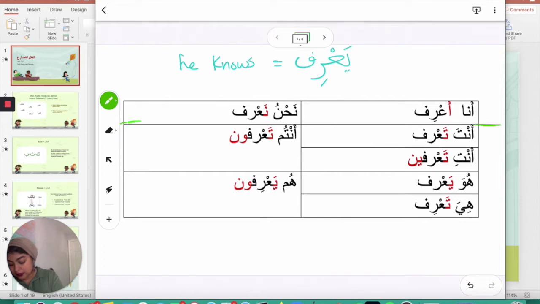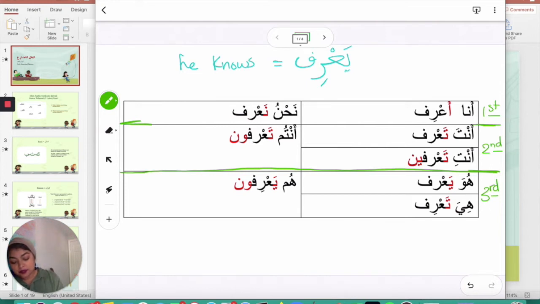We have the first row, which we call al-mutakallim. This is first person, when you are speaking or we are speaking. Then the second row is what we call al-mukhatib, which is second person, when you're talking to someone. And the last 3 are al-ghaib, third person, when you're talking about someone.